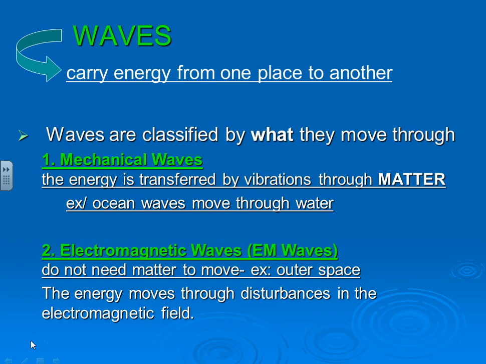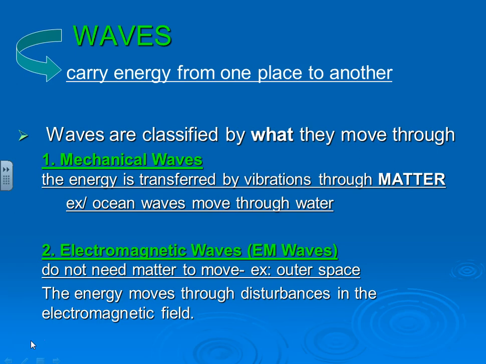That matter could be the air, the earth, the water, or the human body. But in order for that mechanical wave to transfer its energy, it has to attach itself to matter.